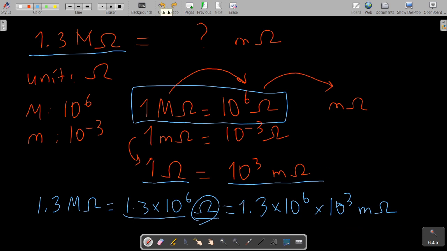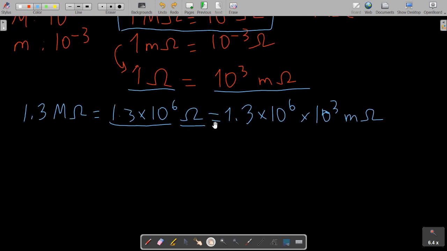Okay, let me go up. So what is this? I need to make this a little bit nice looking. So we have 1.3, which can stay there. We have 6 from here and 3 from here. Remember we said that whenever the same number to the power something is multiplied, not added, multiplied, we can add 6 and 3 and make it 9.